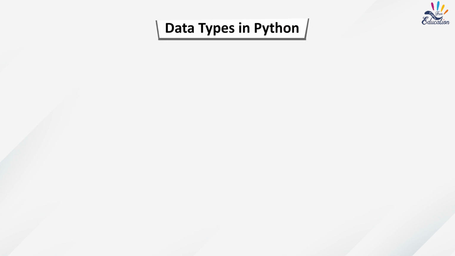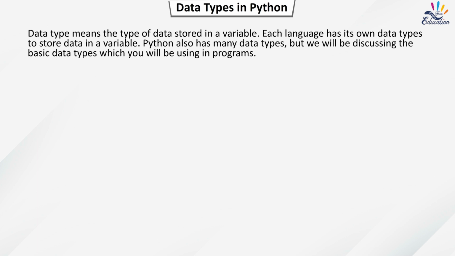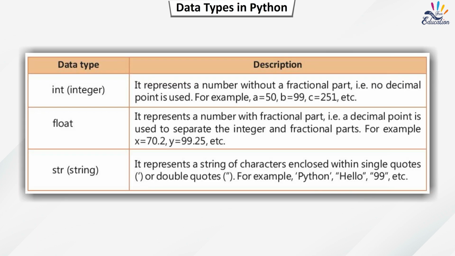Data types in Python. Data type means the type of data stored in a variable. Each language has its own data types to store data in a variable. Python also has many data types, but we will be discussing the basic data types which you will be using in programs. Data type, description. Int, integer: it represents a number without a fractional part, that is, no decimal point is used.